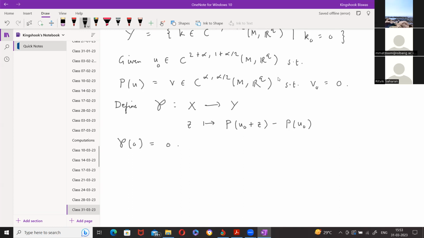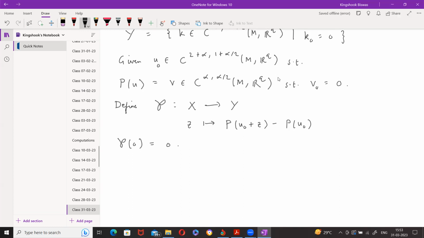You can check that; it's not too hard to check. That's because, if Z belongs to X, then script P of Z is P of U naught plus Z minus P of U naught. So what's that going to be?